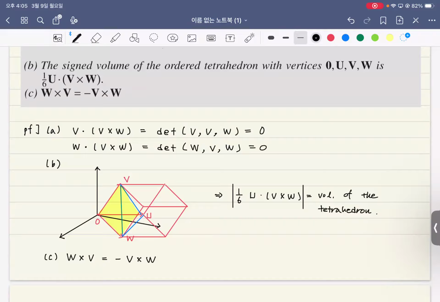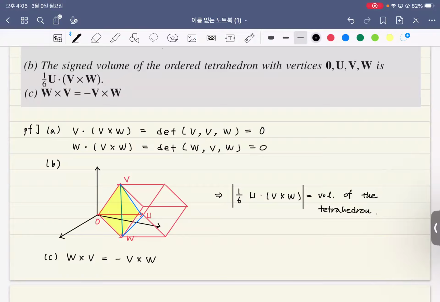Okay, all right. So therefore, the cross product is actually given by V and W. The cross product borrows its computation from the determinant. Therefore, the sign of this should also be very sensitive to the order of these three things.